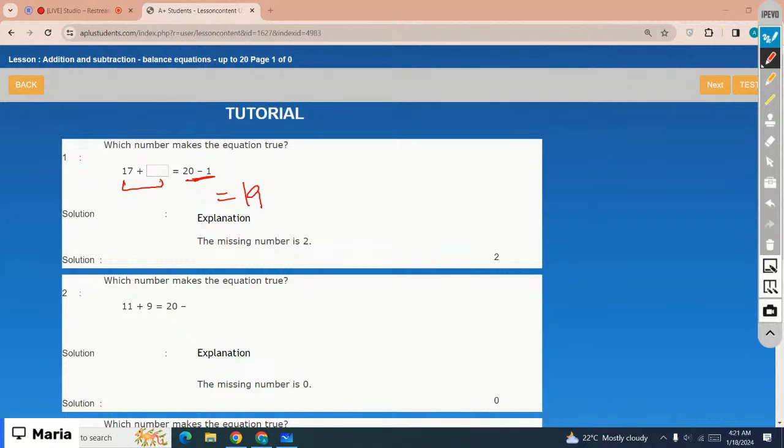So 17 plus 2 makes 19. So 2 is the number that can make the equation balance, right? The correct option is 2.